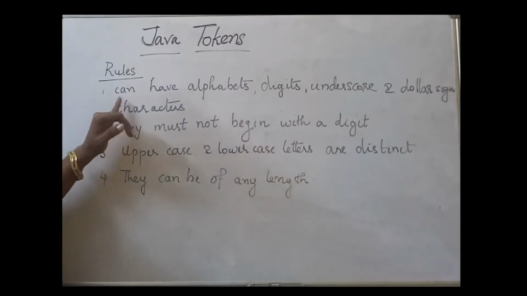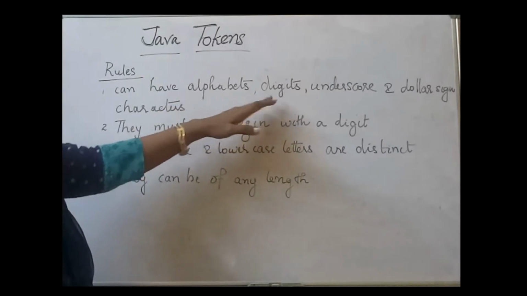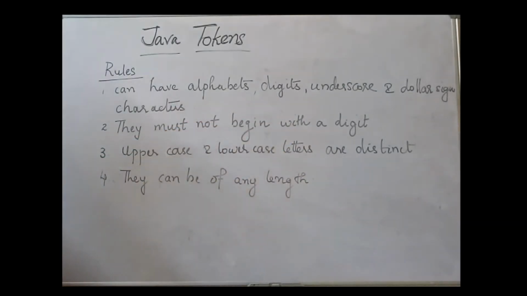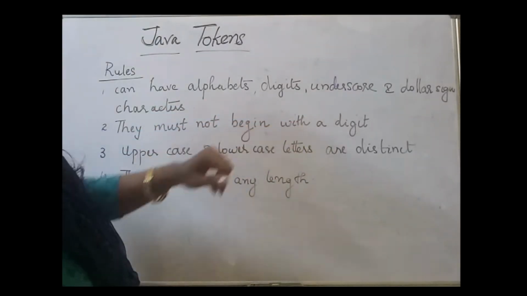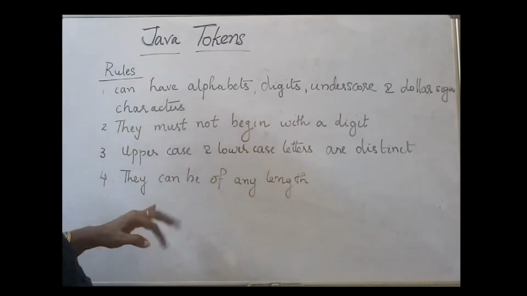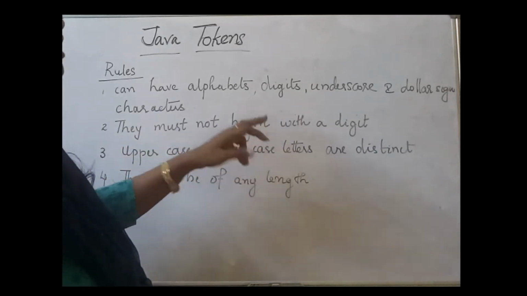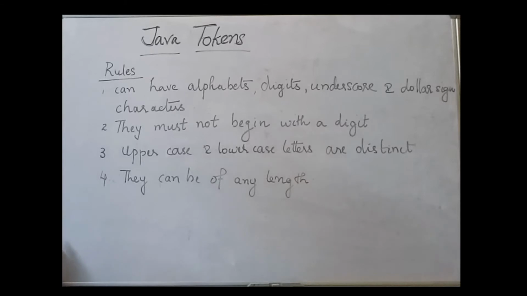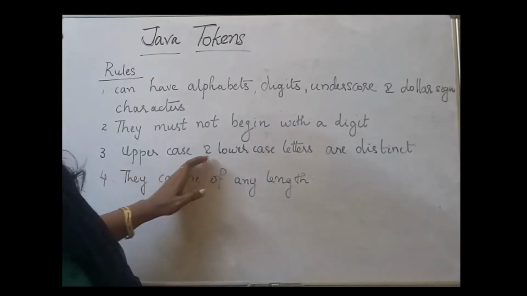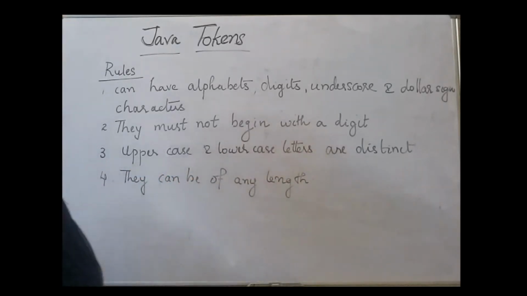First rule is that it can have alphabets, digits, underscore and dollar sign characters. That is, when you name a class or a variable or a function, it can have alphabets, digits, underscore and dollar sign characters. Then they must not begin with a digit. We cannot begin an identifier with a digit. Then uppercase and lowercase letters are distinct, that is, they are treated differently.